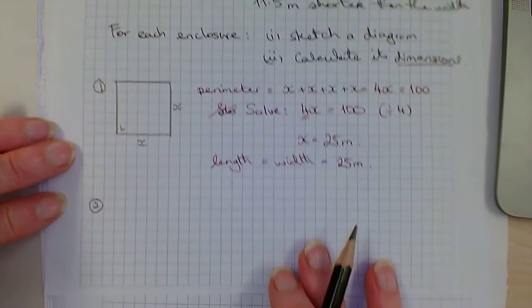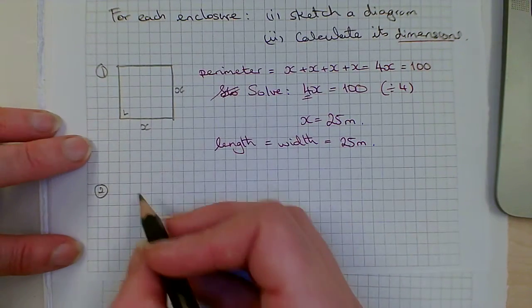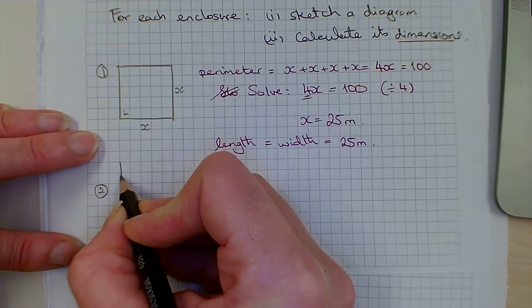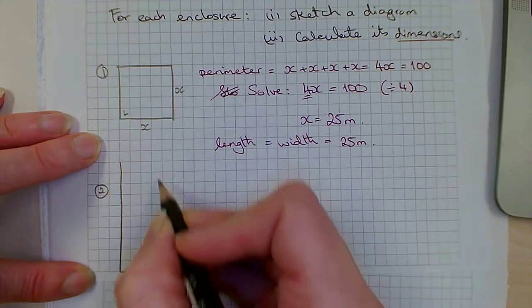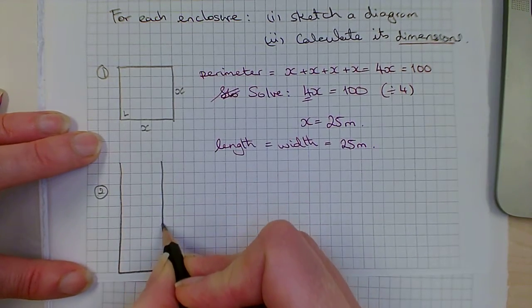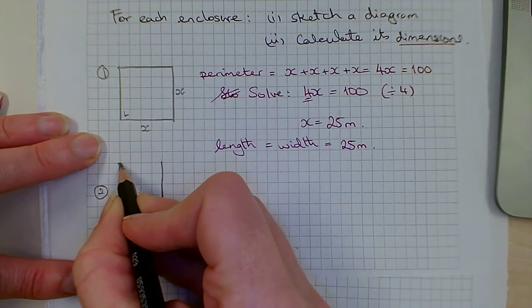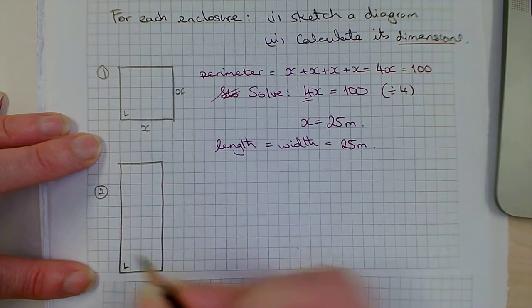Which way does length go and which way does width go? It actually doesn't matter. But I usually do my length going up and down like this and my width going across. Now I'm just doing a sketch. I haven't measured out the boxes, but it's rectangular.